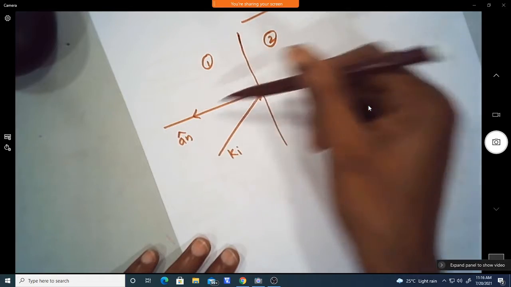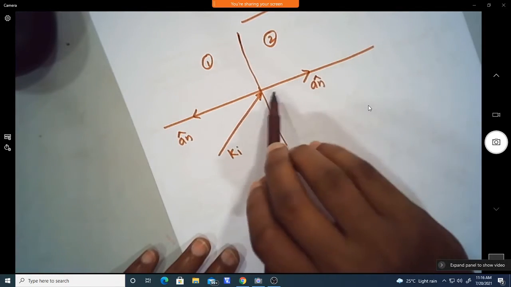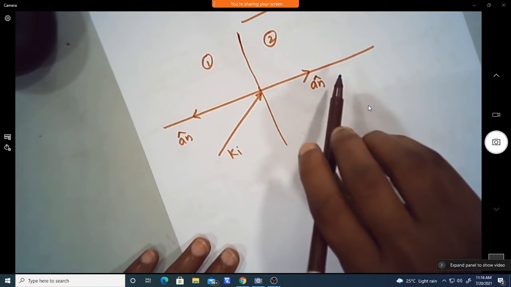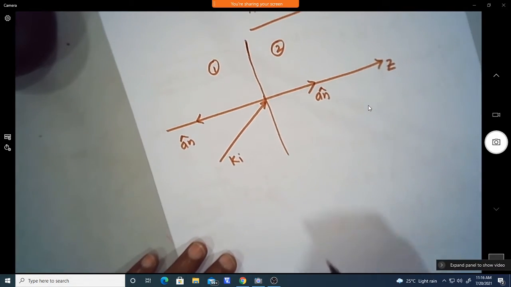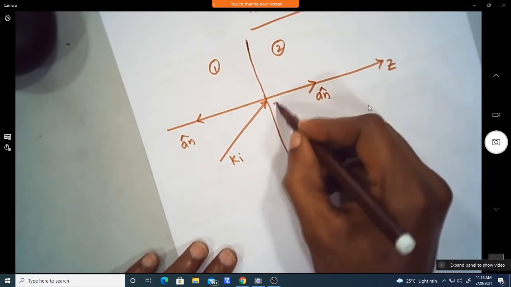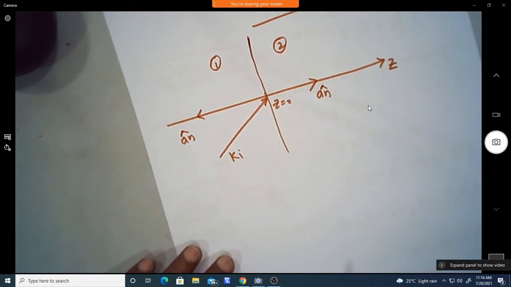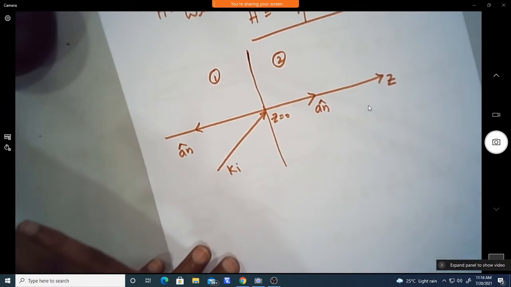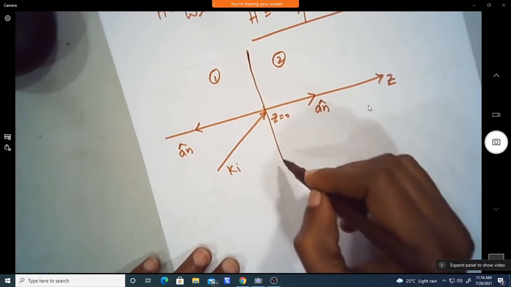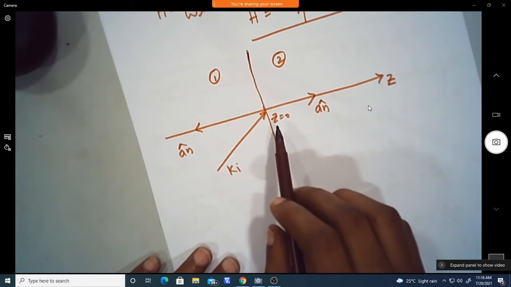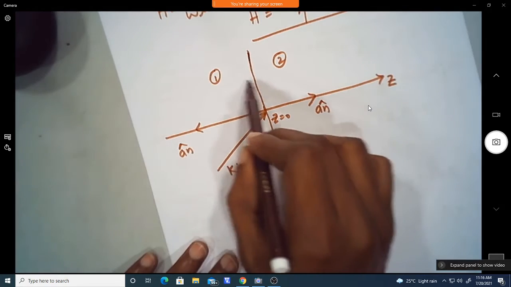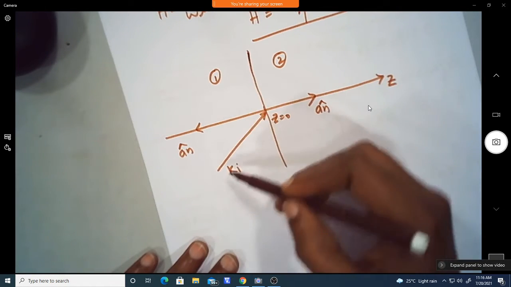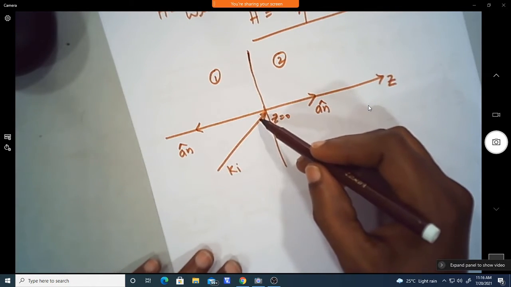For medium 1 it is in this direction, and for medium 2 it is in this direction. This is the z direction, where the boundary exists at z equal to 0. As in the normal incidence case, we have the boundary at z equal to 0, but instead of the wave being incident normal to this boundary, we are incident at a particular angle.